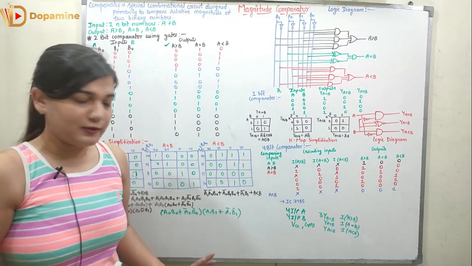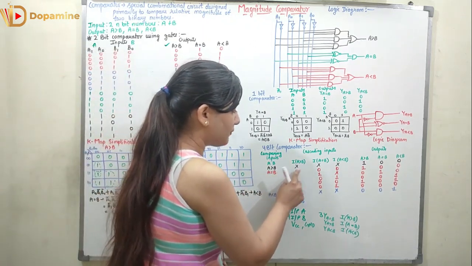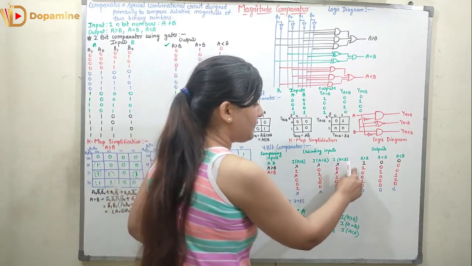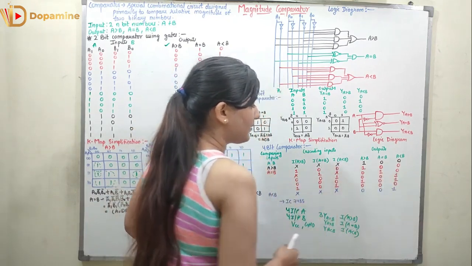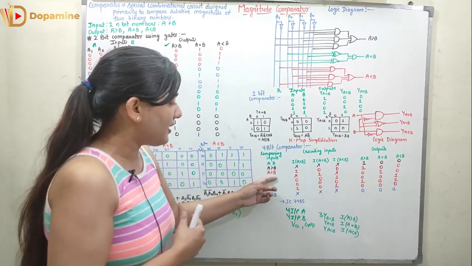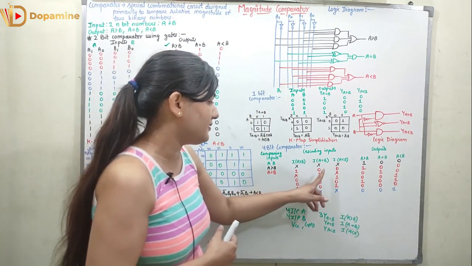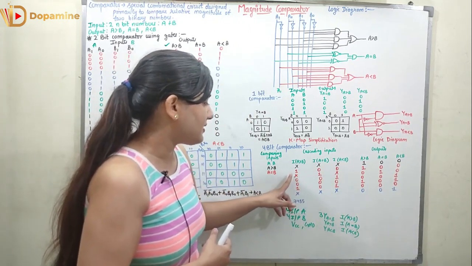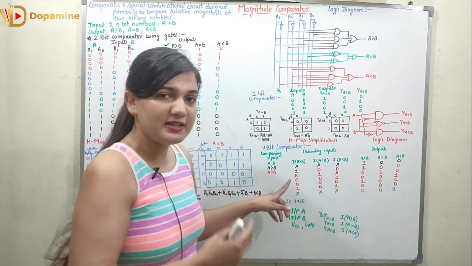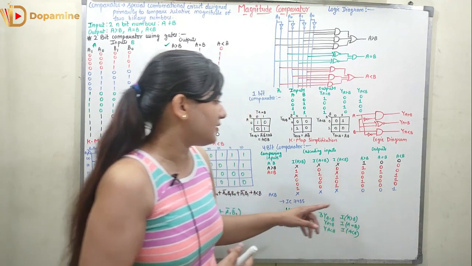Now coming to A is equal to B. When the signal is 1 0 0, the output 1 0 0 represents that my output is equal. So equal output is represented by 1 0 0 if the signal is 1 0 0. If the signal is x 1 x, where x could be anything, then we will have output 0 1 0.